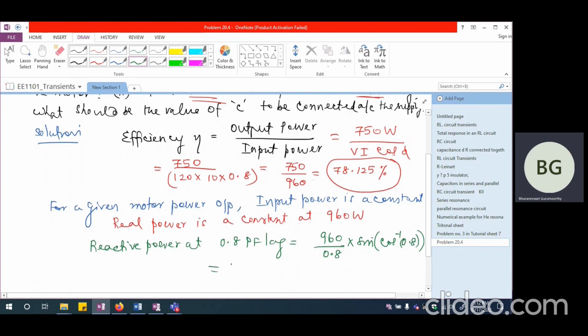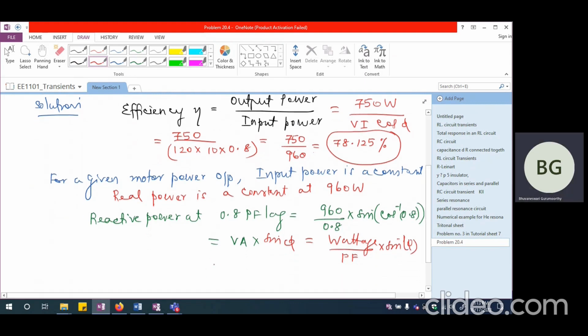So this happens to be volt ampere multiplied by sine phi. And volt ampere is wattage divided by power factor. That's what we are trying to do.